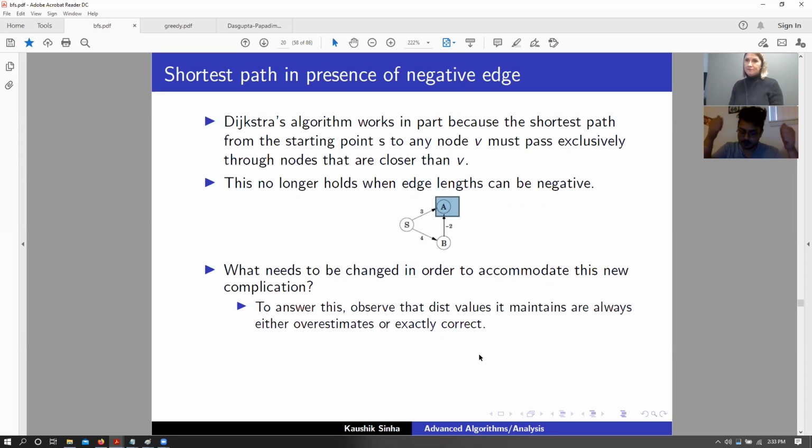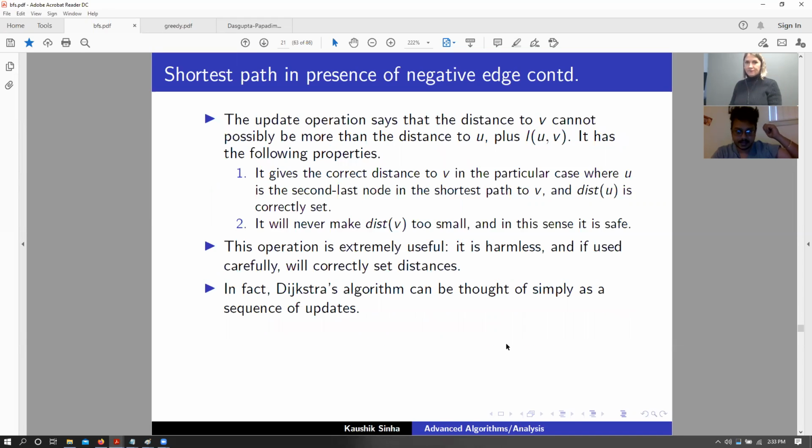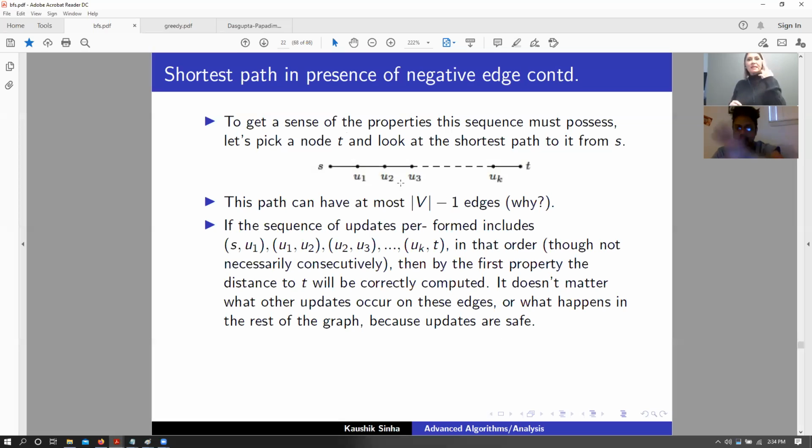Right. So what you're saying is we always need to explore B first, and that was the reasoning behind this particular graph, where we are saying that if we had a singular set of vertices in a graph, then negative edges do not matter because that is the shortest path anyway.